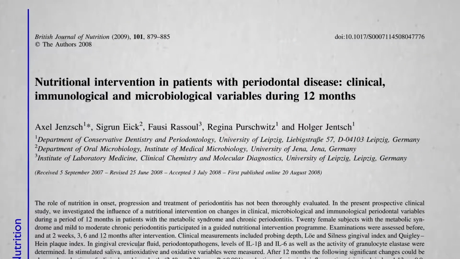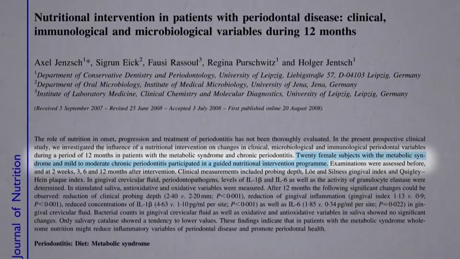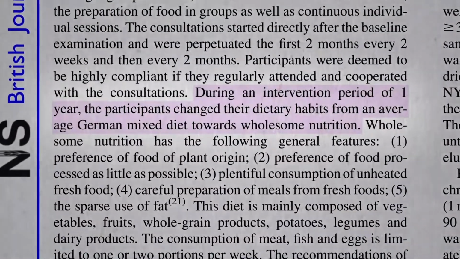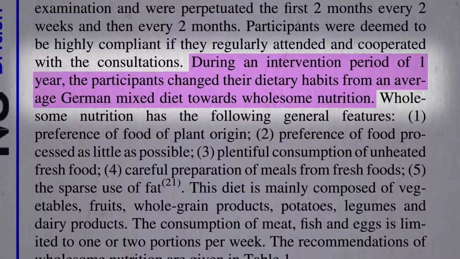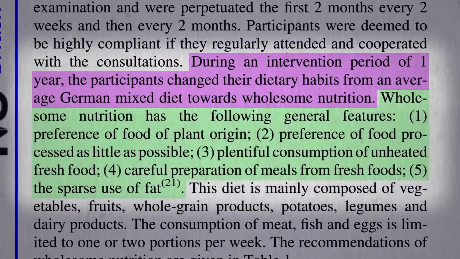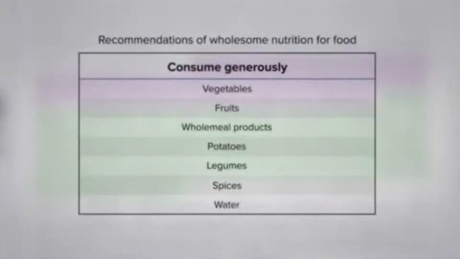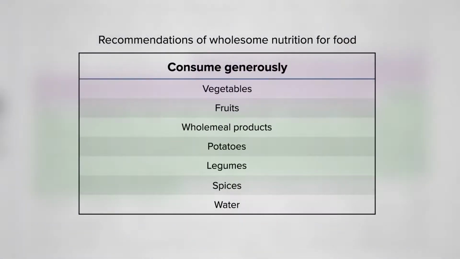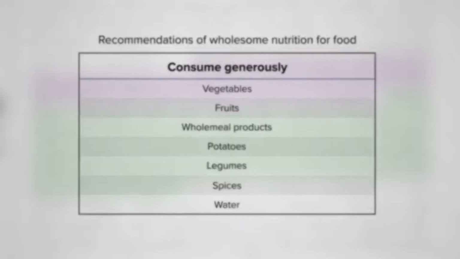Well, German researchers took 20 women with mild to moderate chronic periodontitis, and for a year tried to transition their diets towards more wholesome nutrition, meaning more plant foods, more whole foods, more fresh foods, trying to center their diets around vegetables and fruit, whole grains, potatoes, and legumes: beans, split peas, chickpeas, and lentils.